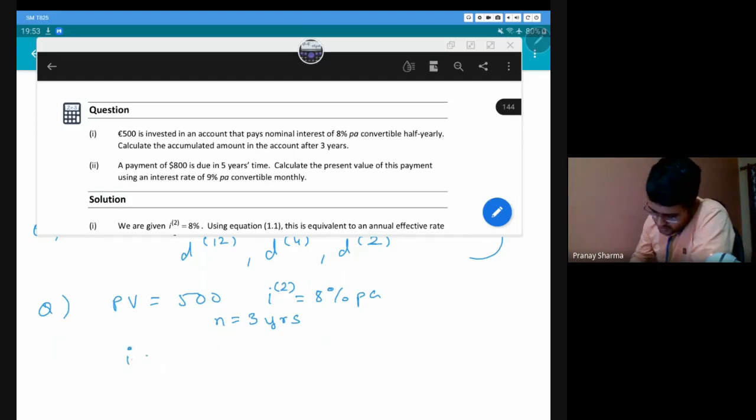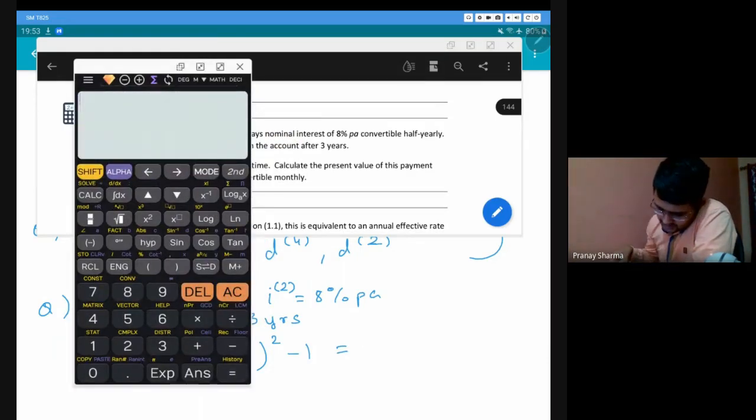So our I will be equal to (1 plus I2 by 2) the whole raised to 2, minus 1. This is the formula we just wrote. Accordingly, I will have 1.04 raised to 2 minus 1.